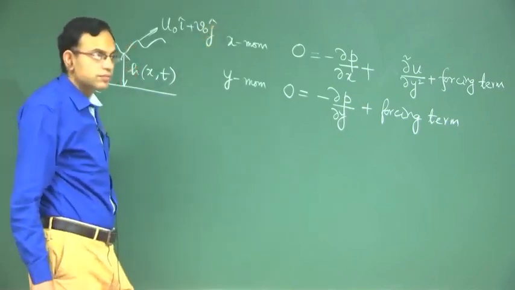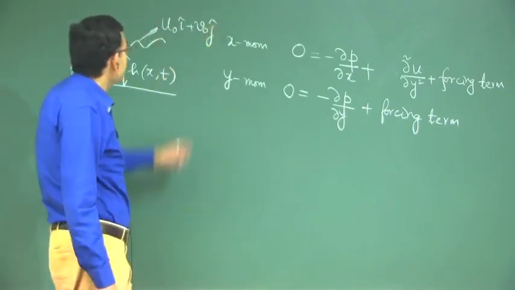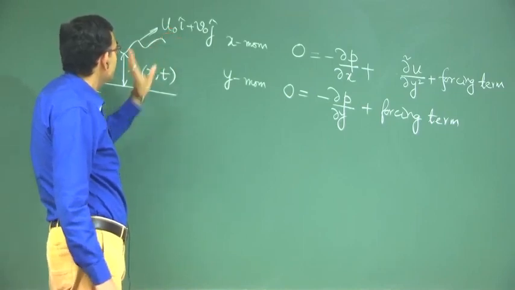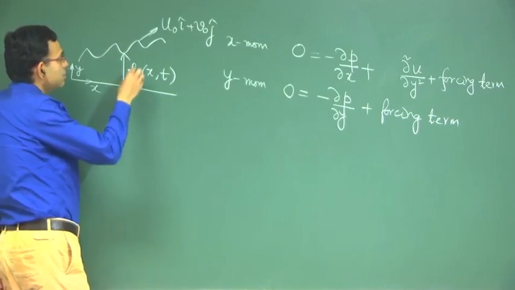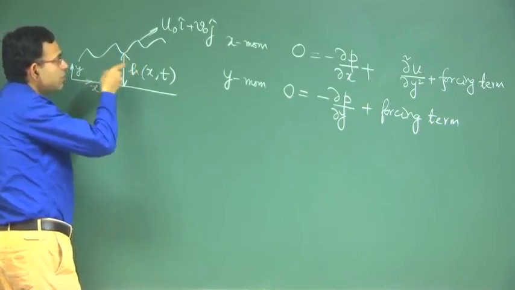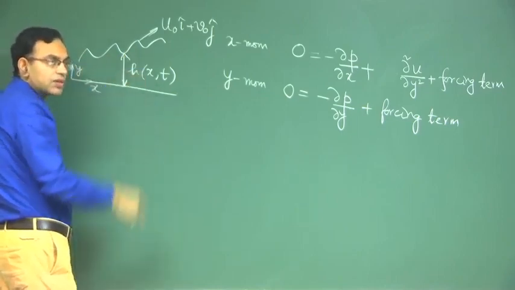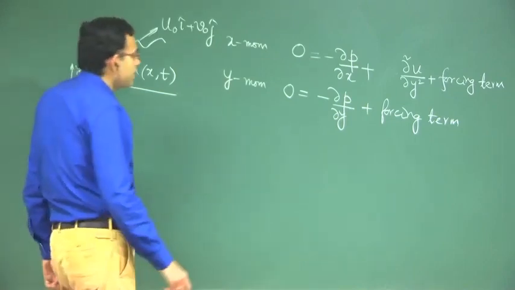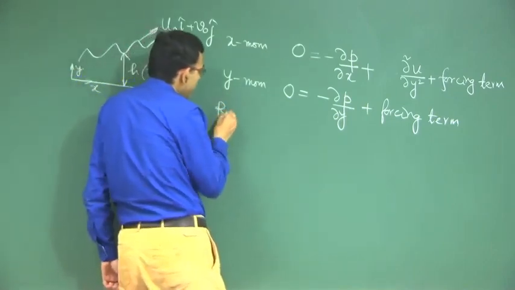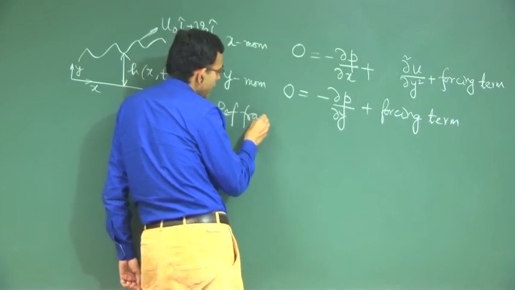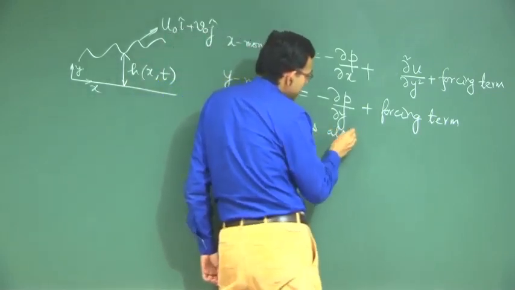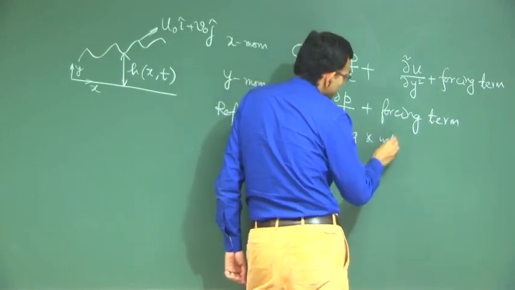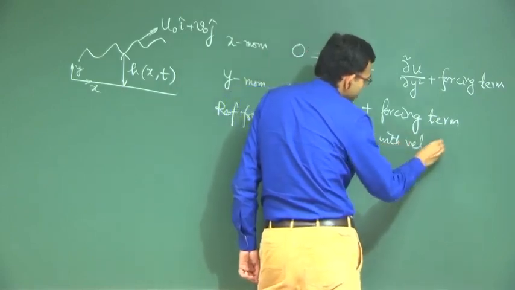this one. So, we are assuming that there is a reference frame that moves towards the right with a velocity u naught. So, with respect to that reference frame, so right means along x, moves along x with velocity u naught.